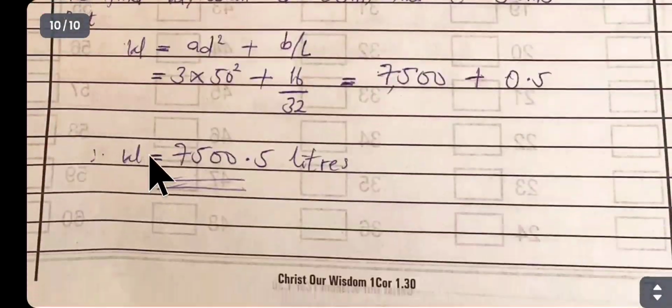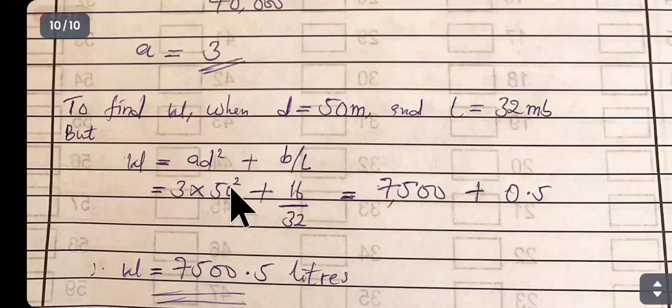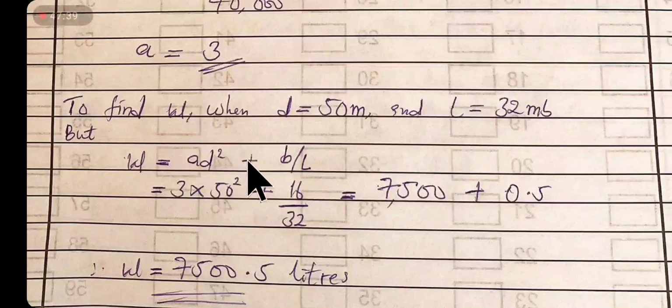So therefore, if we are looking for this level of water, W is equal to AD squared plus B all over L, as the initial expression we are using. So A is given to be 3, D is 50 squared, plus B is 16, L is 32, which is going to be equal to 3 times 50 squared, which is 7,500, plus 16 divided by 32, which is 0.5.